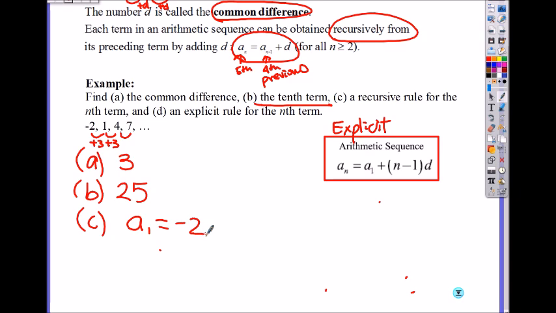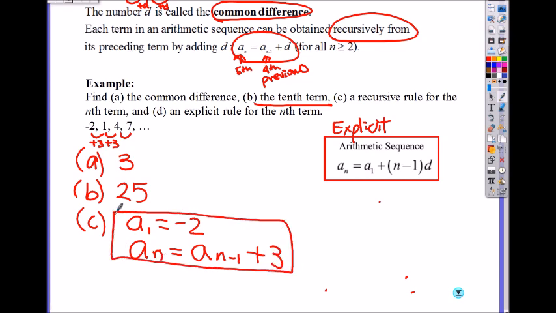And then, what was the recursive? a sub n equals, you start from the previous term, which is n minus 1. And what are we doing each time to the previous term? You're adding 3. So you have to give me these 2. Please go ahead and box it. Some of you forget to give me the first term and just give me the recursive. You have to give me both. Again, recursive is easy to write, hard to evaluate.